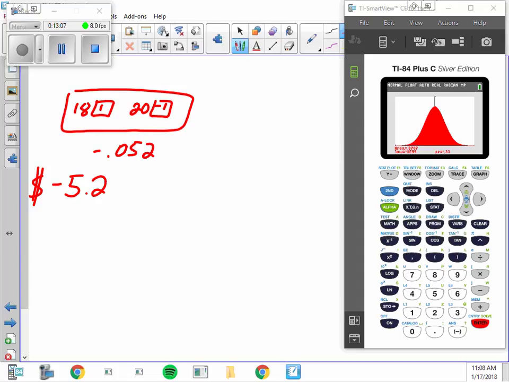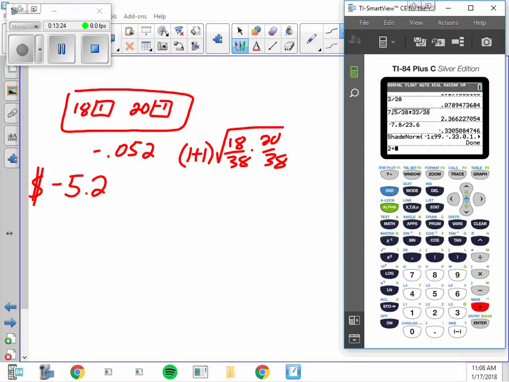Okay, the SD of the box is going to be 1 plus 1 times the square root of 18 over 38 times 20 over 38. So 2 times the square root of 18 divided by 38 times 20 divided by 38.